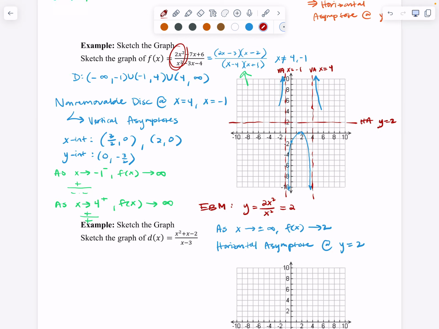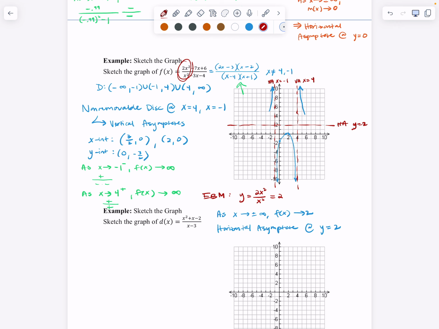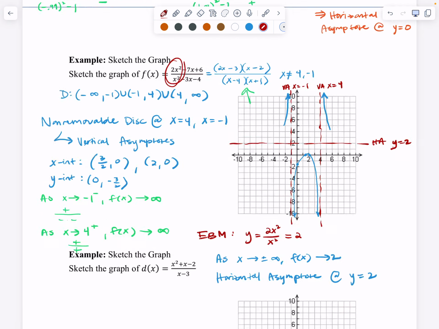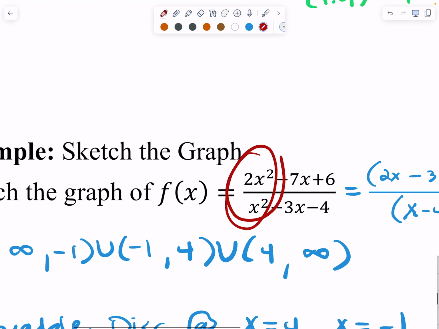And then the last thing that I want to do before finishing my graph, putting all those puzzle pieces together, I want to figure out: does this function cross the horizontal asymptote anywhere? So in order to do that, I'm going to think about setting f of x equal to 2. I'm going to do that over here just because I don't really have space.